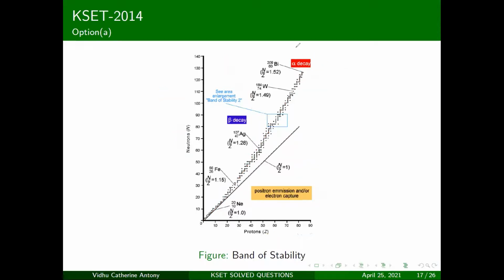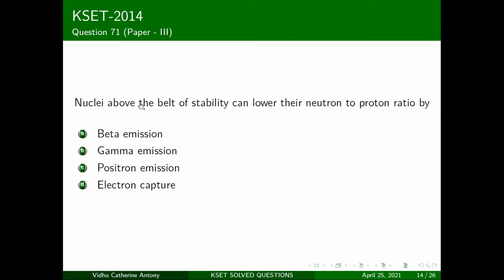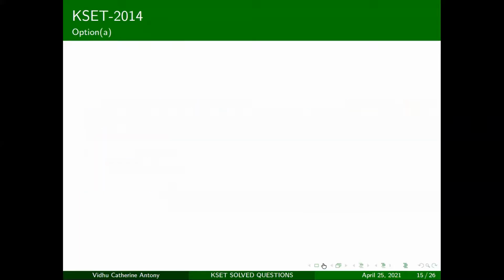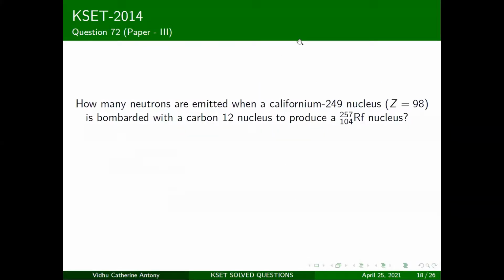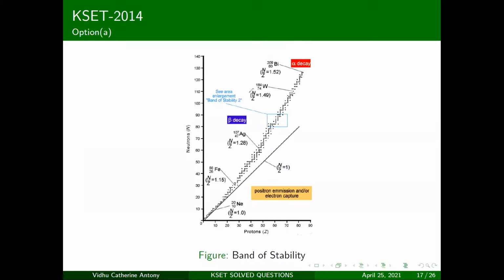Now let's go back and look at the question. Nuclei above the belt of stability can lower the neutron to proton ratio by beta emission, gamma emission, positron emission, and neutron capture. When you go back and look at this graph, nuclei above the band of stability are here.